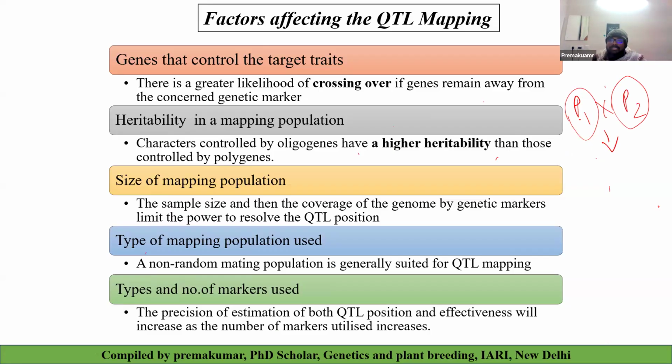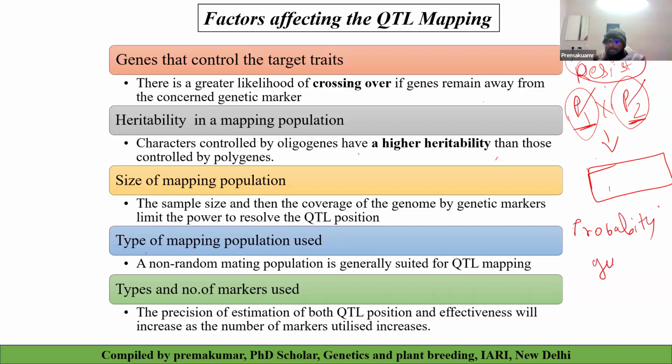Actually, power and resolution are normal terms, but in mapping, I will tell you the difference. For example, you are crossing P1 and P2 and generating a mapping population. Suppose you are working on resistance, crossing a highly resistant parent with a highly susceptible one. You want to identify a QTL for resistance. Is the probability of getting the QTL in this population high or low?